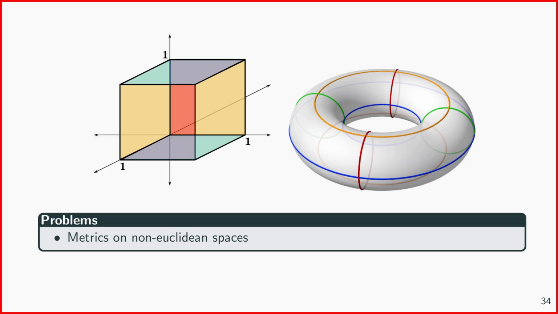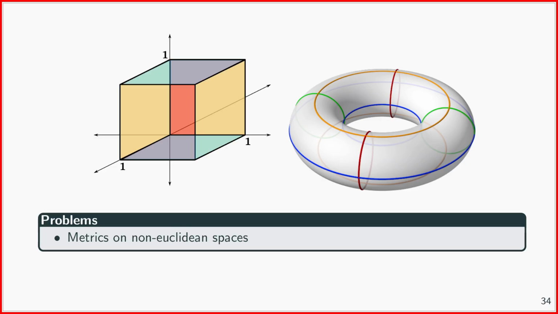However, there are some problems in defining distance functions. So one problem is how you define distances on non-Euclidean spaces. If you're just having a configuration space which looks like a cube, then of course you take just a Euclidean distance and you're done. There's not much else to do.